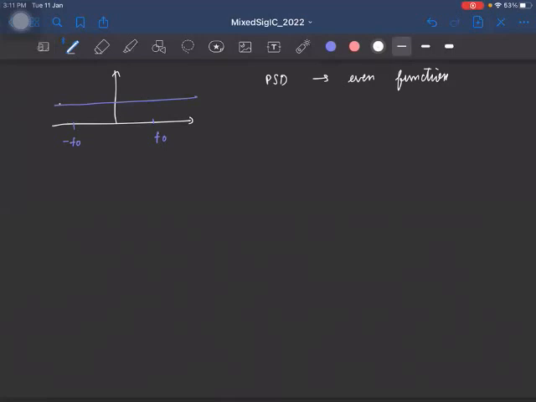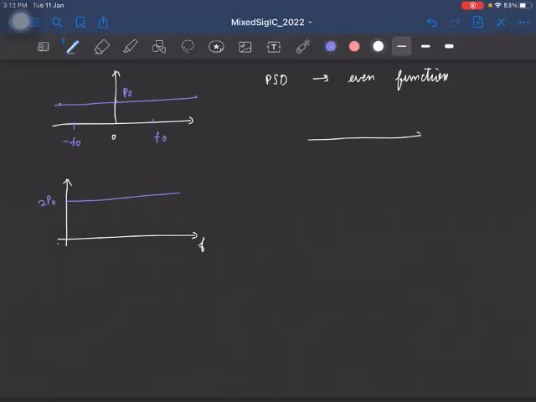So instead of representing both positive and negative frequencies, in practice most of the time what we do is show only the positive range of frequencies, because we know the PSD is an even function. Let us say this value here is P0. We show only the positive range of frequencies and say this is 2P0. We do the same thing for the discrete time case also.